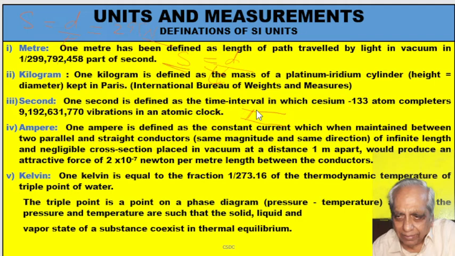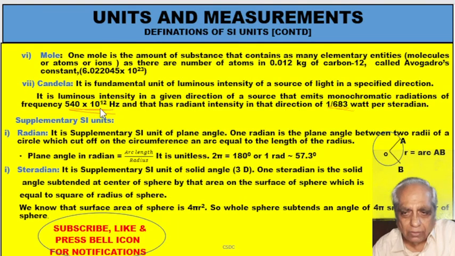So if I take a source of light, then to define 1 candela, I will take a source of light which will emit light of frequency 540 into 10 raised to 12 Hertz.